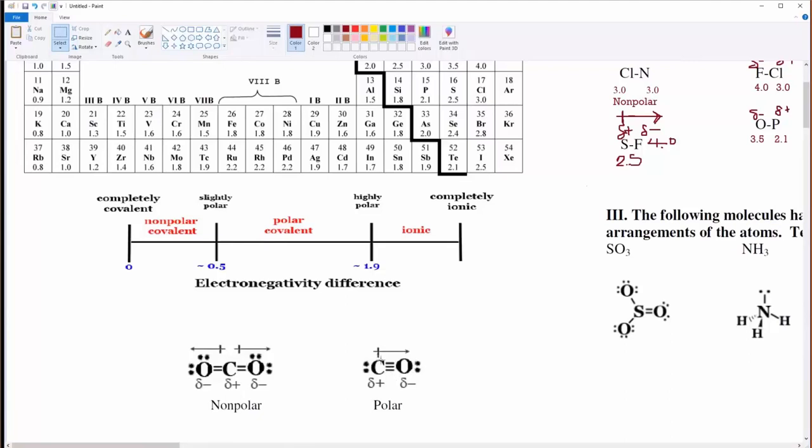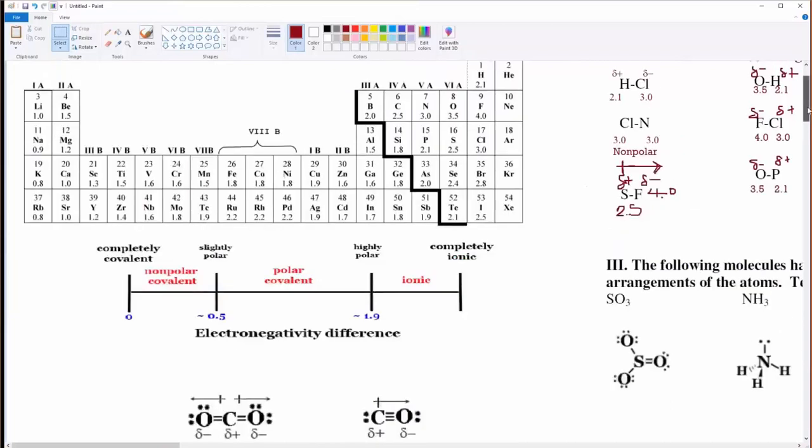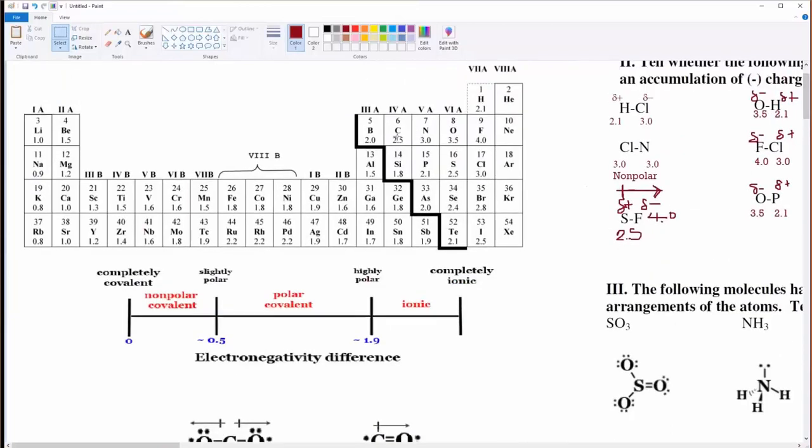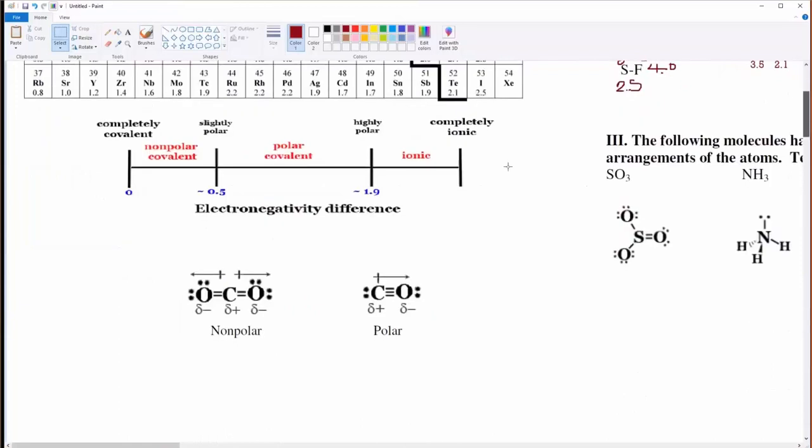And in each case, the CO bond is a polar bond. And the reason that it's polar is, of course, that carbon has an electronegativity value of 2.5 and oxygen is 3.5. So the difference is 1. It's definitely polar covalent so far as the bond goes either way. And here in this molecule, the molecule is made only out of this bond between the two of them.